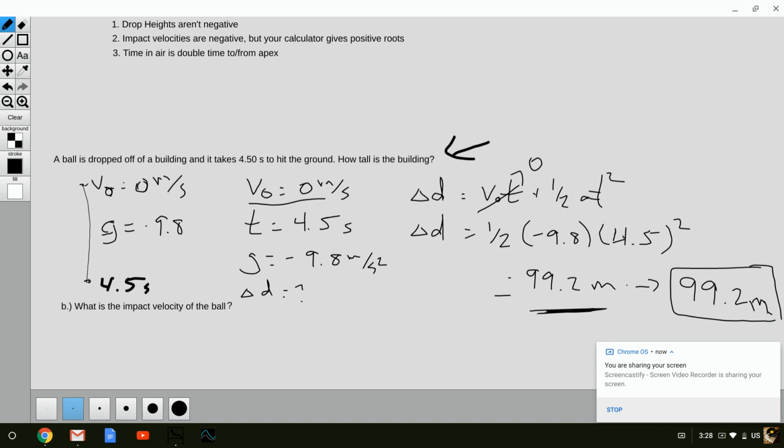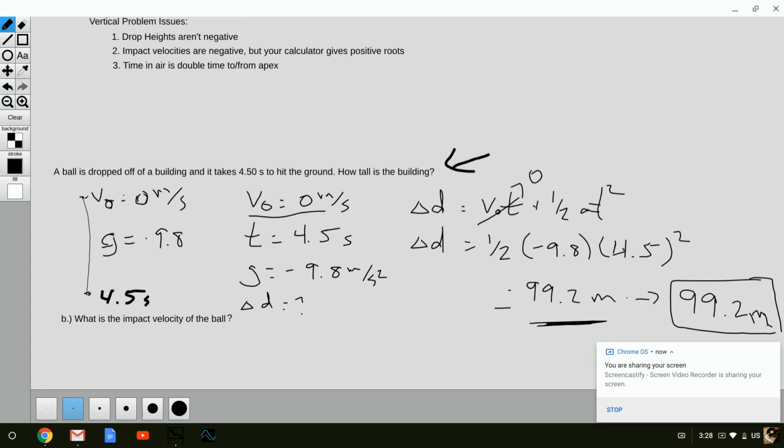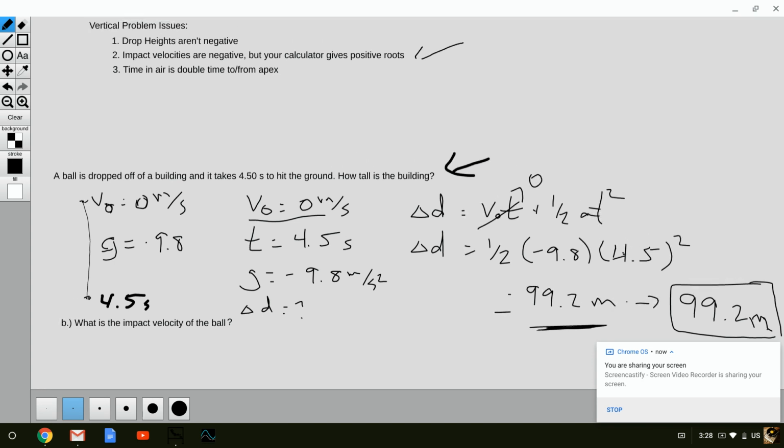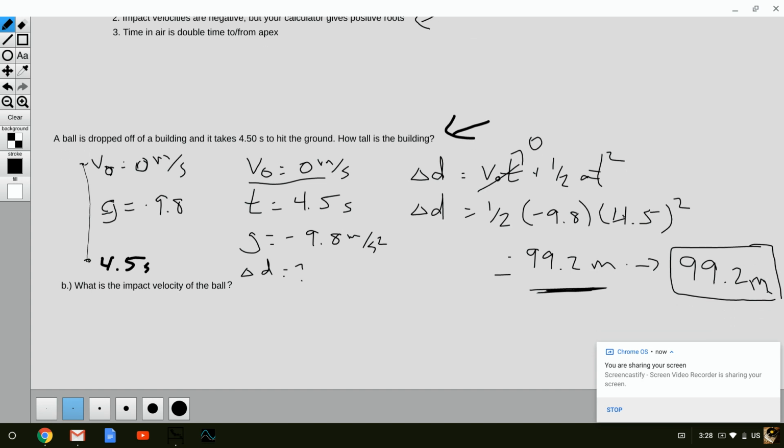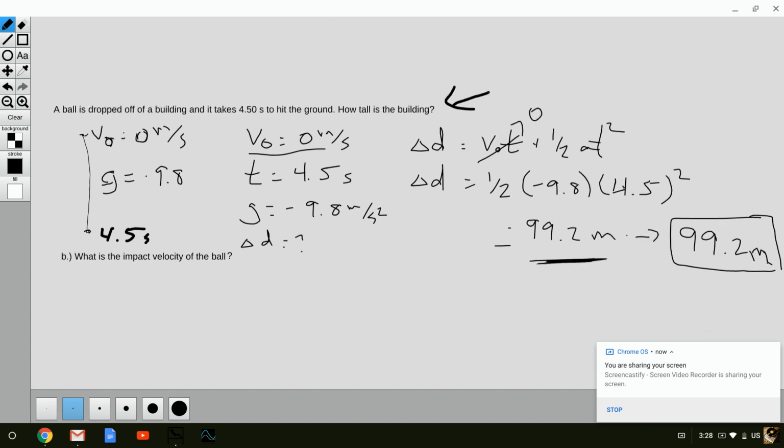Now, our second issue, as you can see up here in number 2, is that impact velocities are negative, but your calculator will often give you a positive root. So with the same drawing, but this time we're asking for a final velocity, and we do know our displacement.